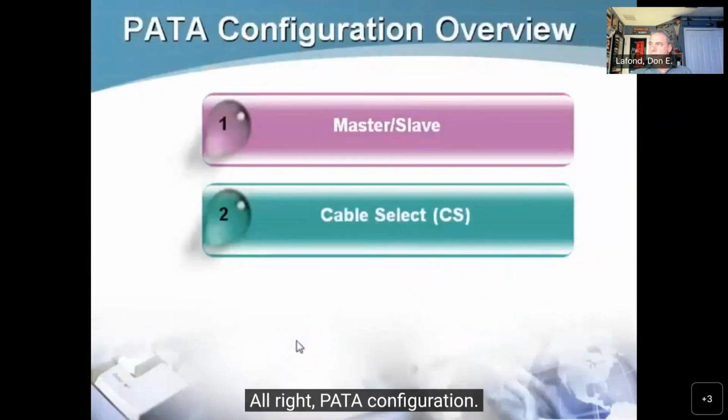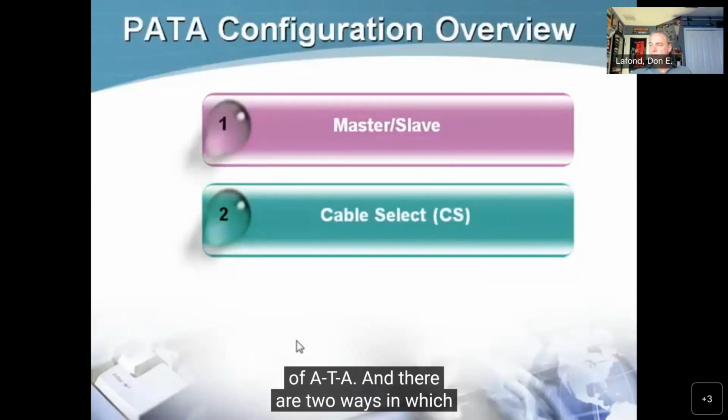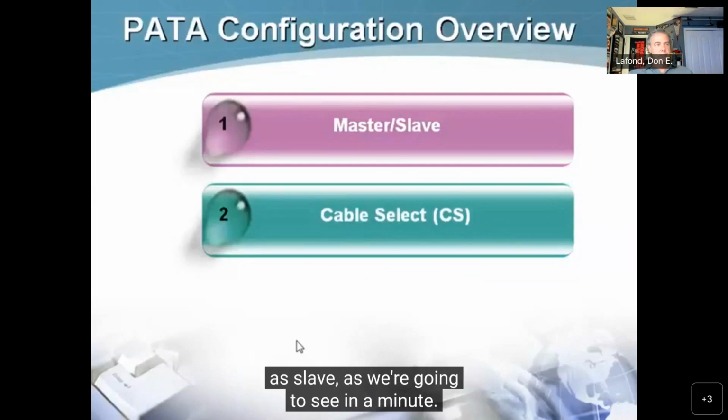All right, PATA configuration. PATA, as you may remember, is parallel, the older type of ATA. And there are two ways in which you can configure two devices that are on the same cable. One way is one of the devices can be configured as master, and then the other device is configured or jumpered as slave, as we're going to see in a minute.